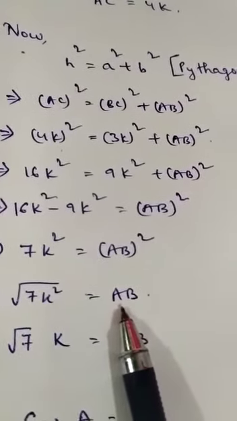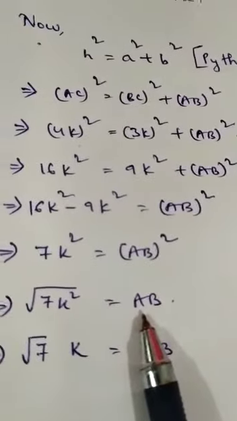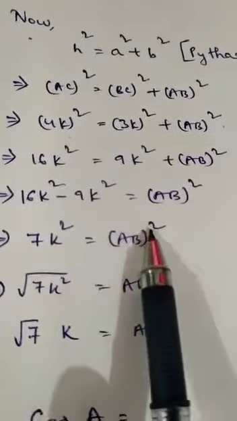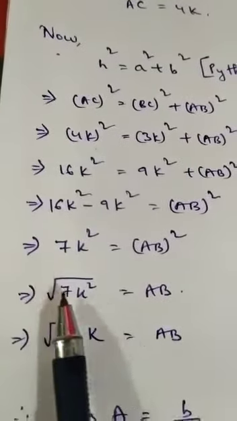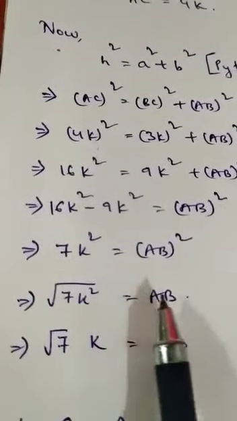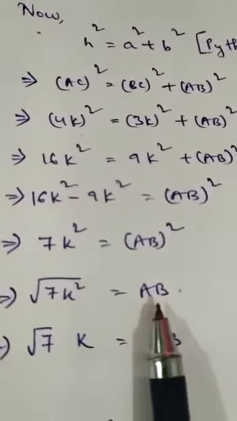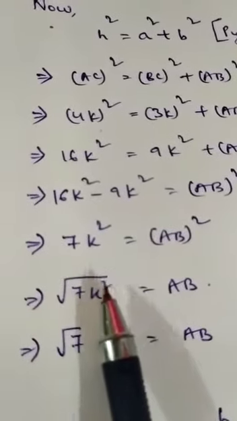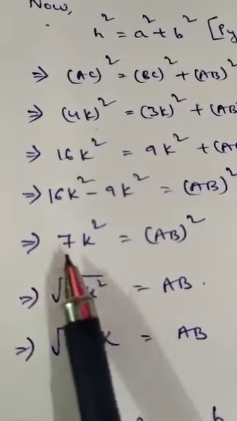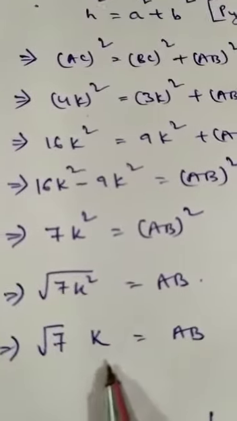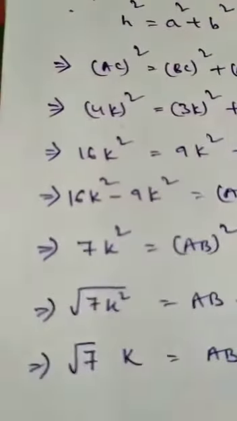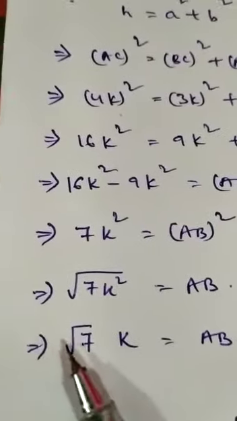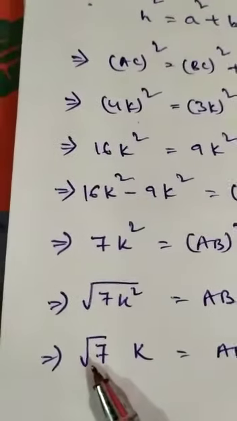Here AB remains as it is. Now see, root 7k square, square and root will be cancelled, so k will come out of the root, and inside the root 7 will remain as such.